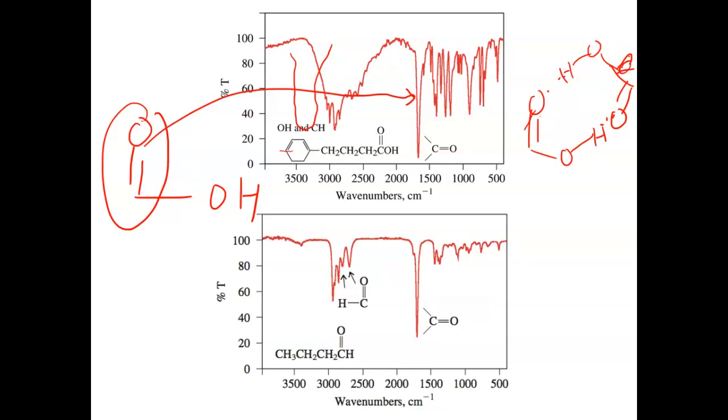So if hydrogen bond becomes stronger, its impact on the OH stretching group is substantial, makes OH group more intense and broader. And it's so broad that it actually appears as an intense and broader peak, typically sitting like here.